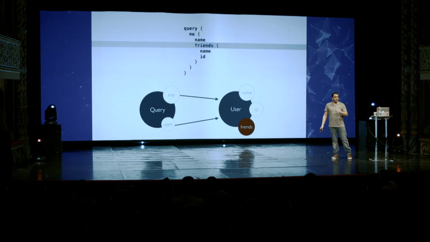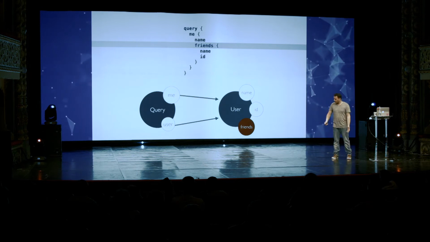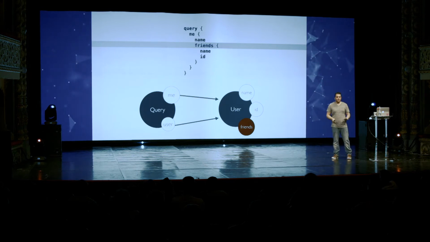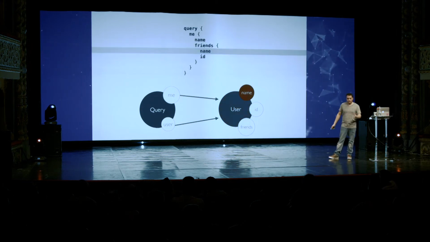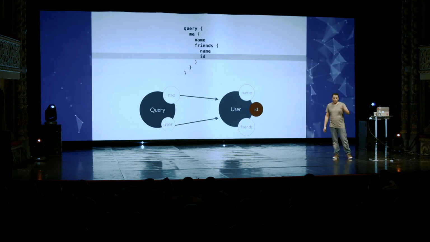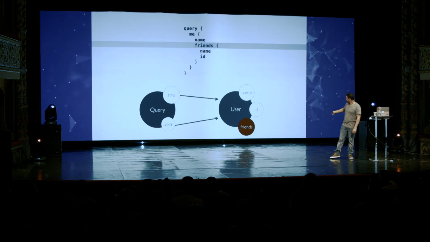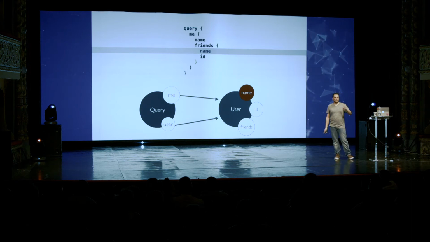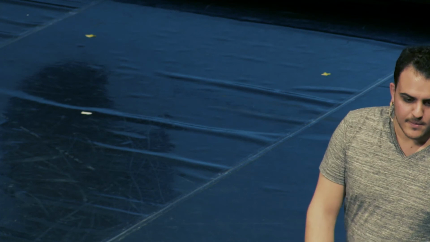And as we saw earlier, friends is an array of users, which means we can just take friends and treat it just like any other user object, and the resolver of user will be executed again, for name and for ID. And if you have more than one friend, I hope so, then this resolver will be executed again. So this is how GraphQL behaves as a graph of entities and relations between our data. Okay, so yeah, the idea is the last one.